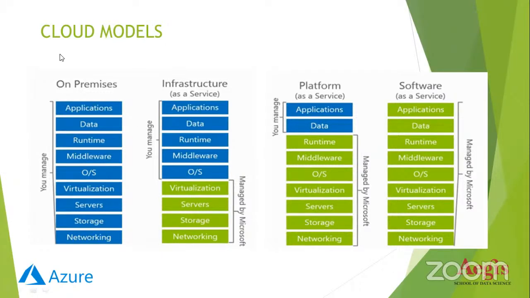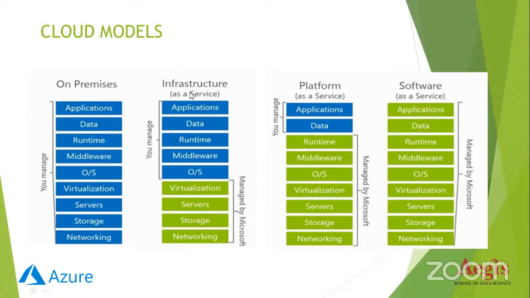To create an on-premises model, we have to purchase a place, and we have to hire several engineers: network engineer, server engineer, storage engineer, virtualization engineer, OS engineer. All the engineers we need to hire. Then we need to purchase the data center, stack, routers, switches, everything we have to set up. So everything, from place to data center, we have to purchase. We have to create our own infrastructure, and everything will be managed by us only.